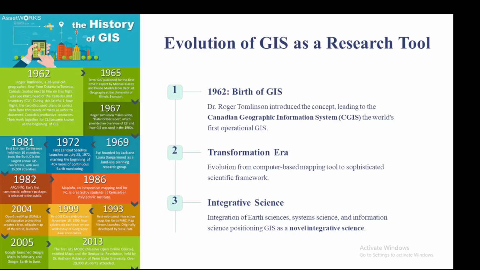This period, what we now call the first generation of GIS, focused mostly on automating map making, taking traditional cartography and turning it into something a computer could handle. A major milestone came in 1966 when Professor Howard Fisher at Harvard University developed a software package which he called SYMAP, short for synagraphic mapping package.